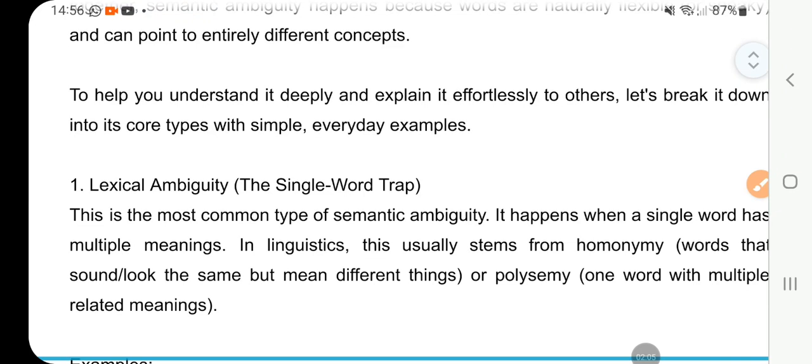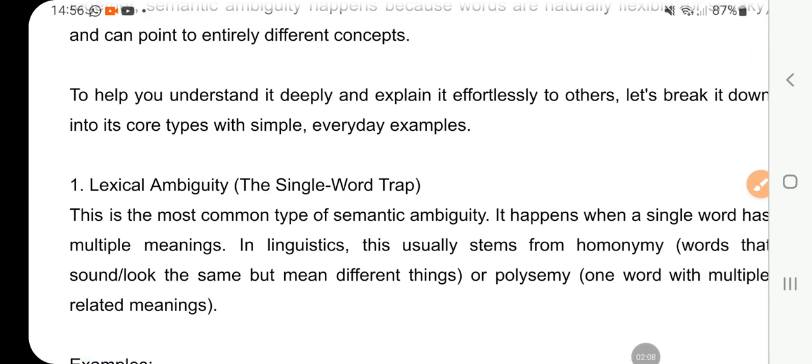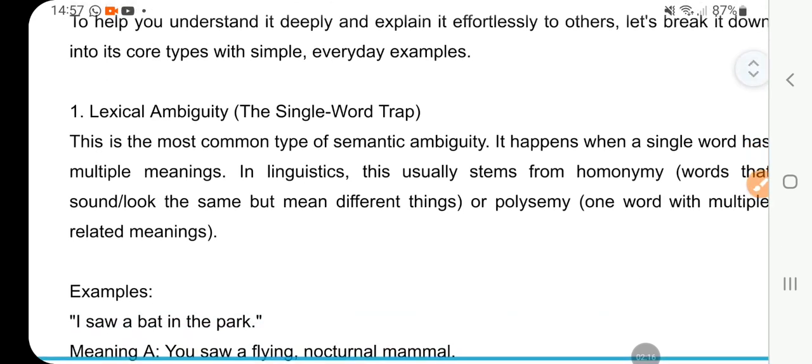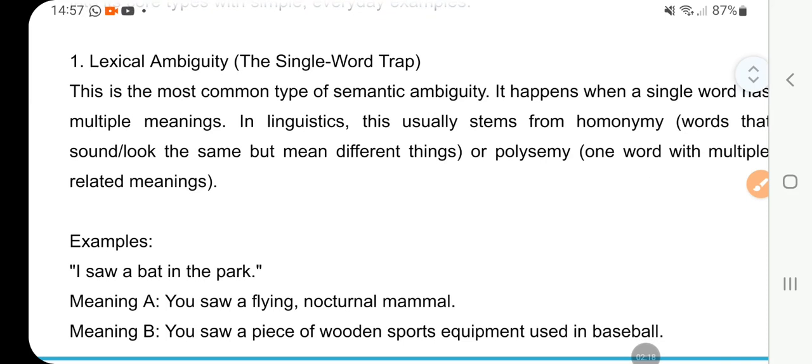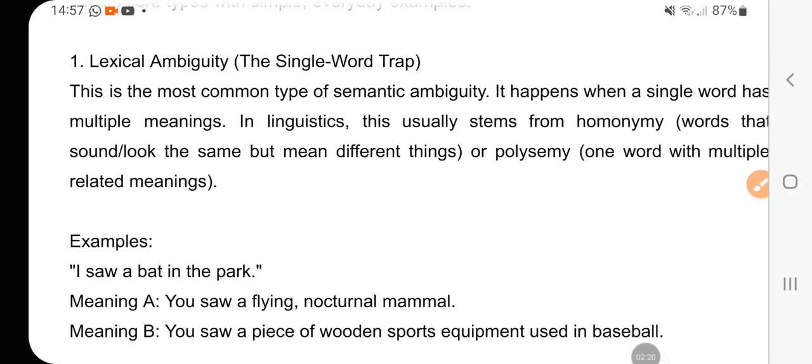To help understand it deeply and explain it effortlessly to others, let us break it down. So first, lexical ambiguity. Lexical ambiguity, it's a single word trap, right? Because of using or misusing of words, this ambiguity occurs.